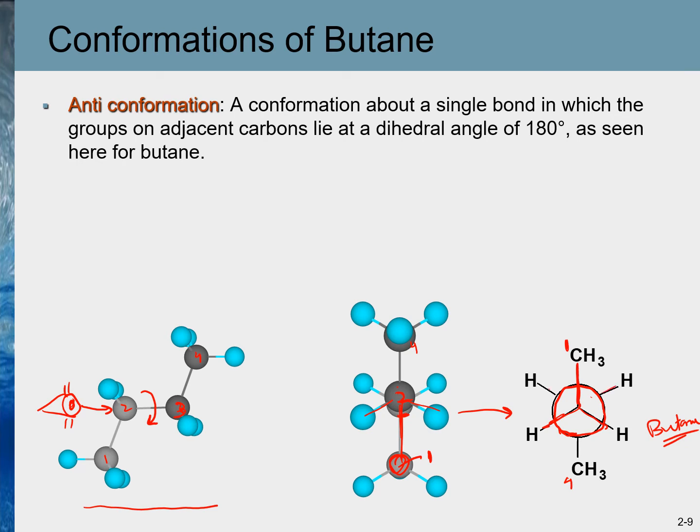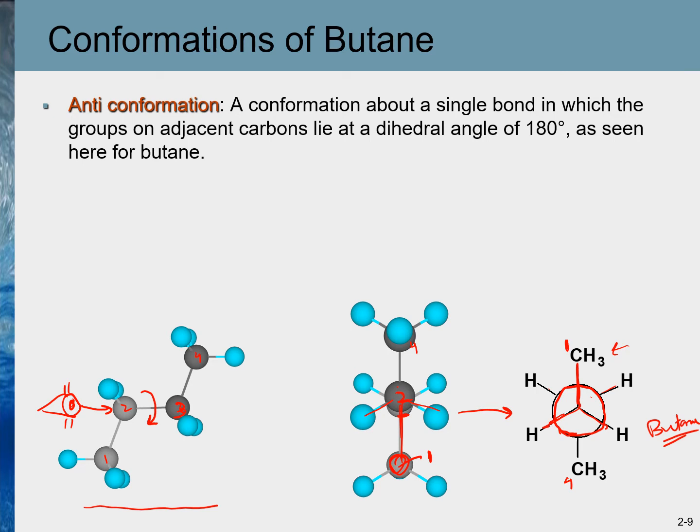In this arrangement, the bulkier units such as methyl groups are farthest away from each other, and this is the most stable conformation of butane, and this conformation is analogous to the staggered conformation of ethane. Please recall that in staggered conformation of ethane we also had a similar arrangement.